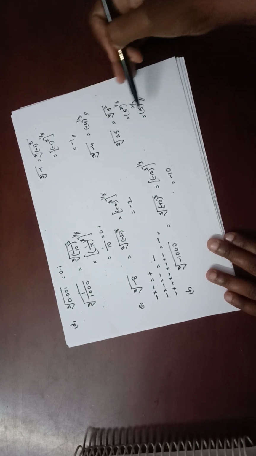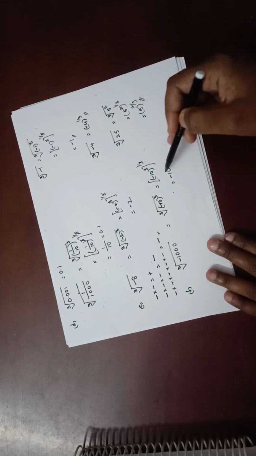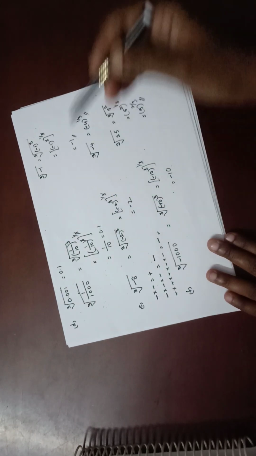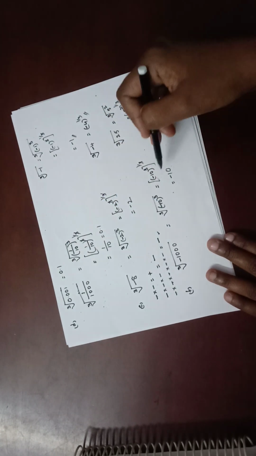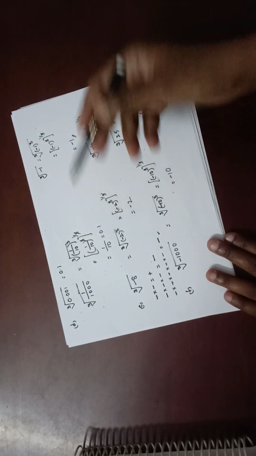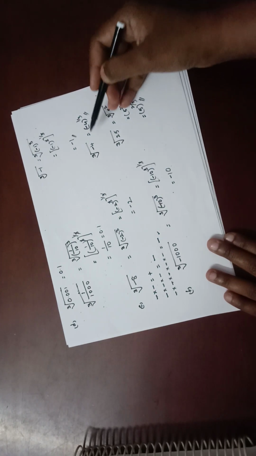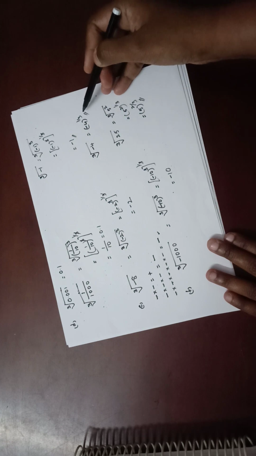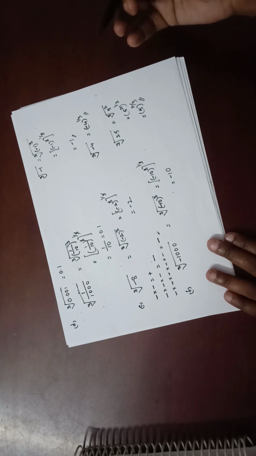If you get questions like this, you simplify like this. You won't get an integer value here, unlike the earlier ones. So such type of question is given, we write the answer like this.